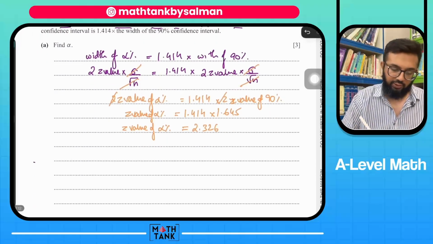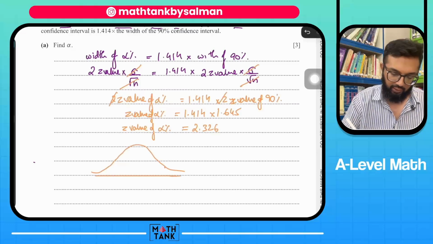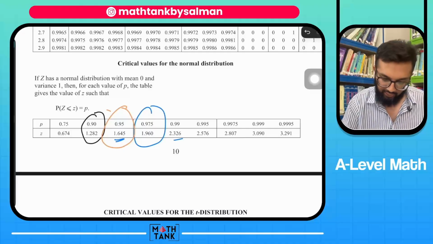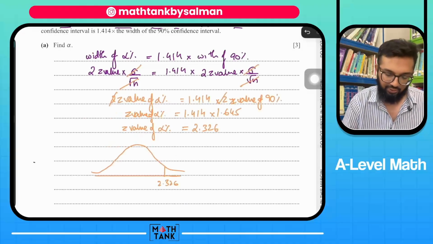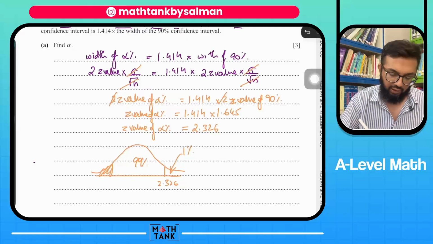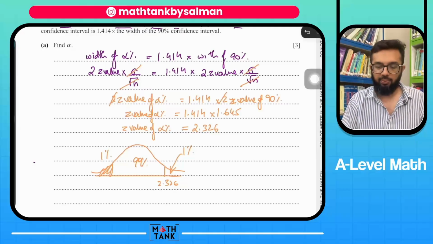So what this means is that my critical region is from 2.326. Now, what is 2.326? I think I will be able to read that. That's 99%. So this area is 99%. That means I've left out 1% on this side. But if it's a confidence interval, I must also leave out 1% on this side.